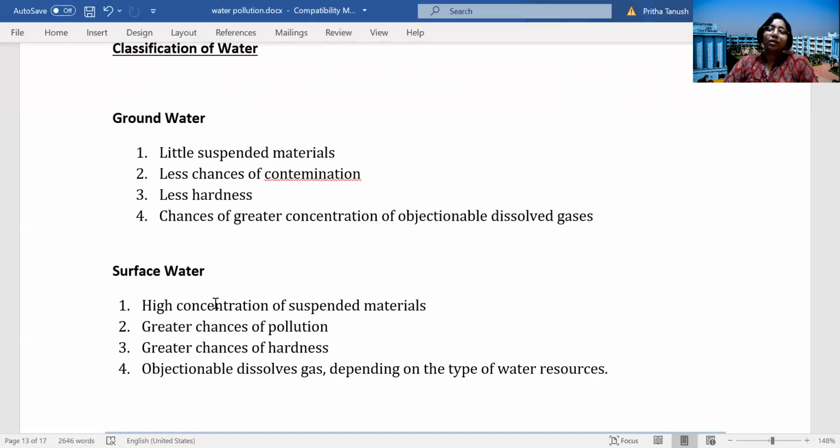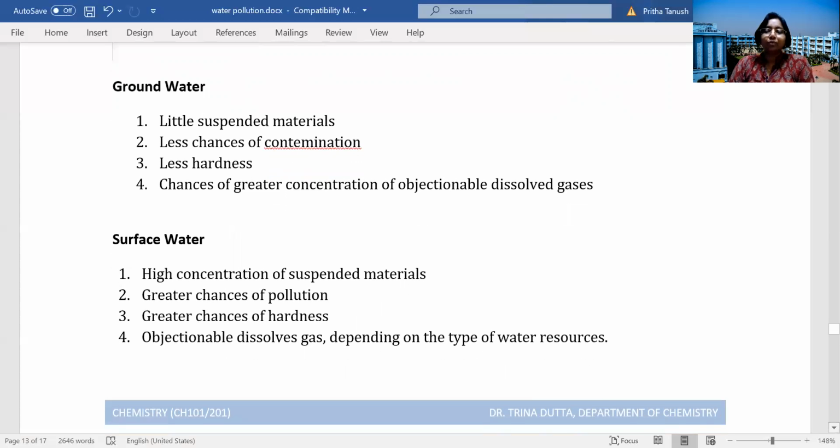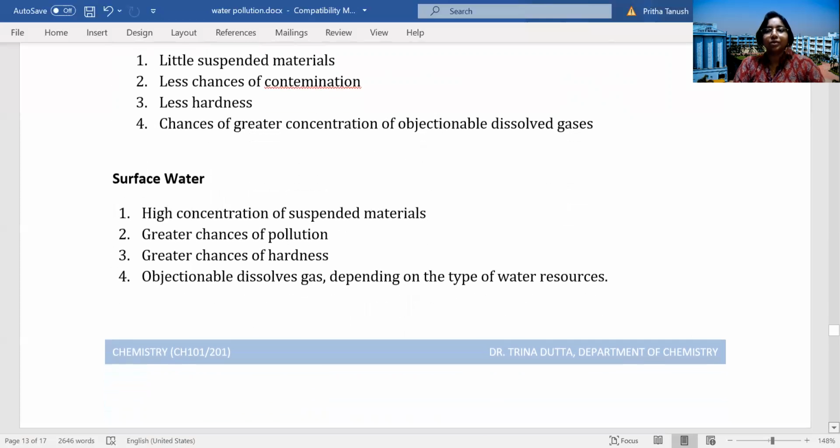We can do all these things in our home if we give a little effort. The recycling of already used water: we have used the water, and with a little purification we can use it again.